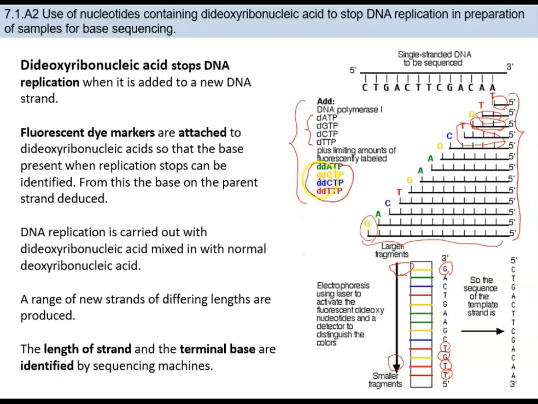It's not that everything has fluorescent markers, because we need only a little of the fluorescent markers to make different fragments of different sizes once they are added. The length of a strand and the terminal base are identified by the sequencing machine, as I showed you.